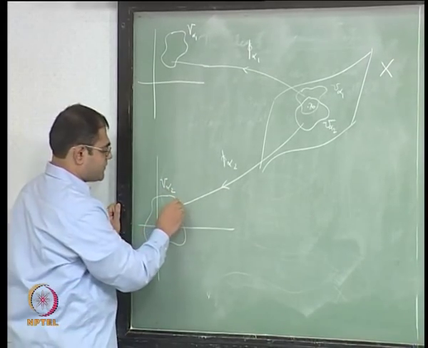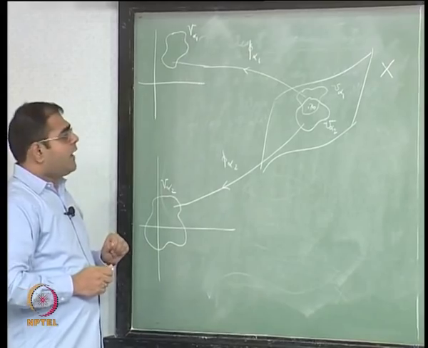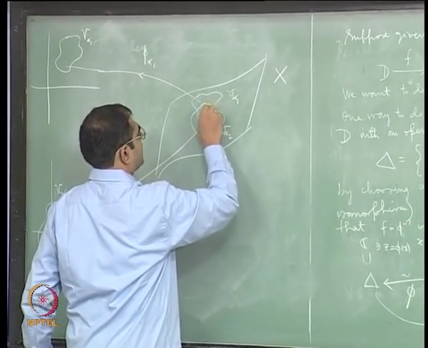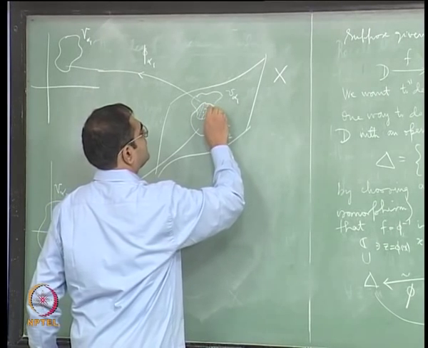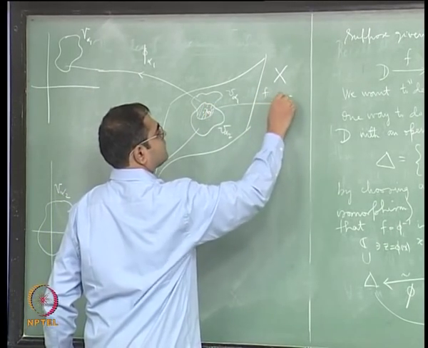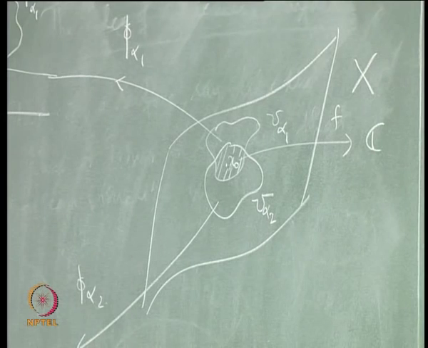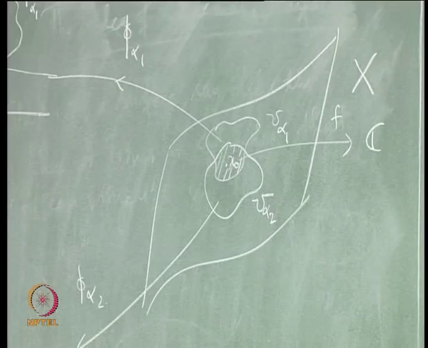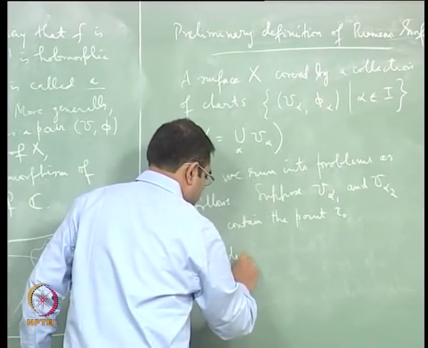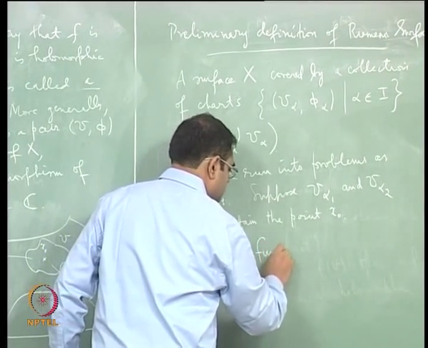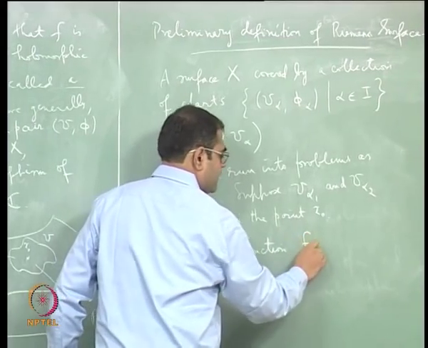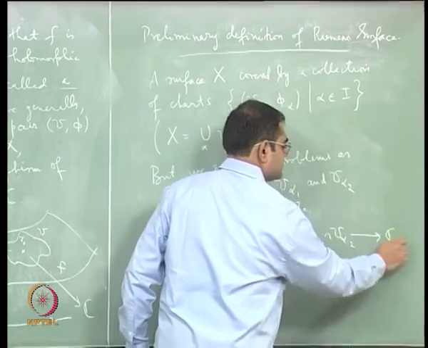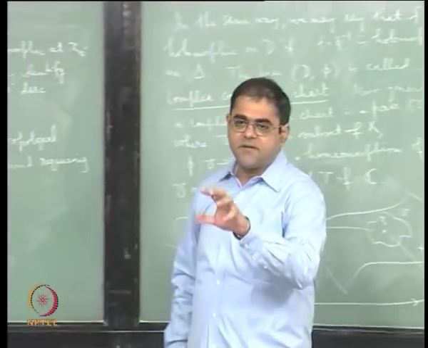Okay, so this is my situation, and suppose that I have a function f that is defined on this intersection. So consider a function f from u alpha 1 intersection u alpha 2 to C. Suppose you have a function defined on that intersection.